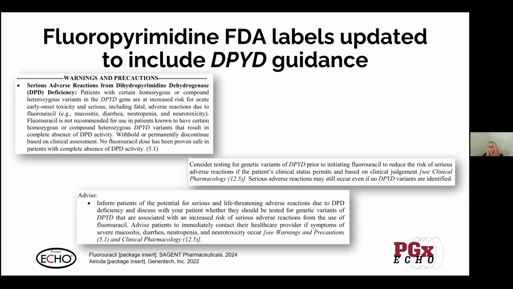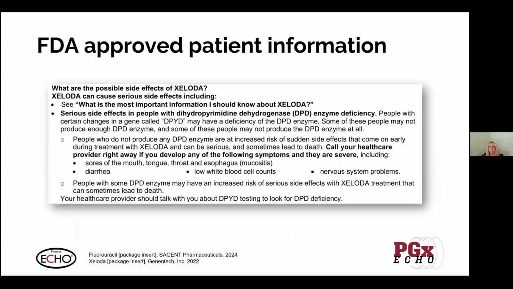And then there's a section that advises providers to discuss these risks with their patients and inform them of their testing options. The patient information section of the label shown here, this is for capecitabine, also warns of the risks associated with DPD deficiency and recommends that the patient should discuss DPYD testing with their healthcare provider.